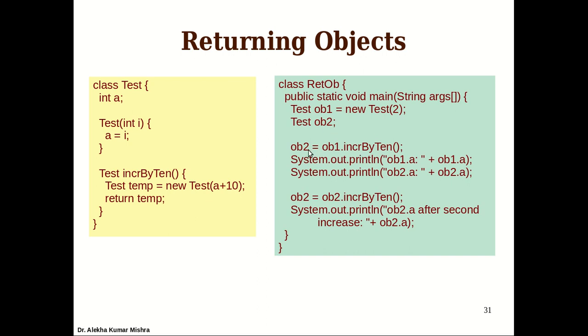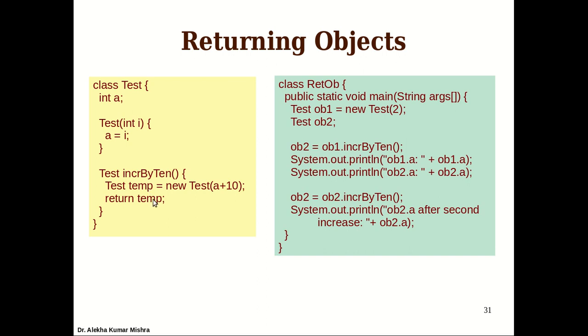Then OB2 equal to OB1 dot increment by 10. We call this method, and when we call it, a temporary object, temp, is created inside this method. Whatever the A value is now, A plus 10, that is 2 plus 10, 12, is assigned to the A field of the temp object.